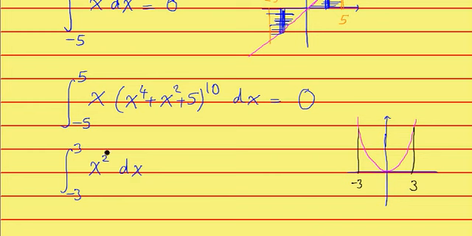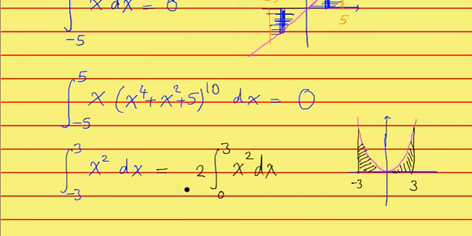We notice this function has symmetry with respect to the y-axis. Left and right are the same. So the area that you want to calculate here and the one that you want to calculate here are identical to each other. This problem is saying add up all the areas. You might as well go ahead and calculate the area of half of the picture, this one, for example, on the right half, and double that up.